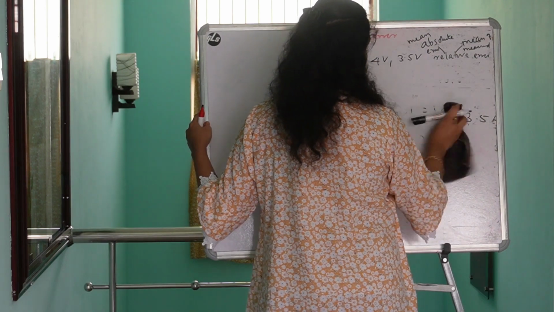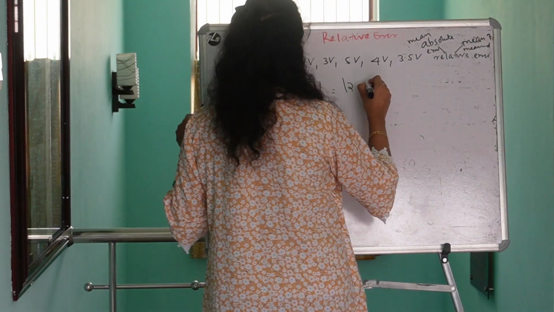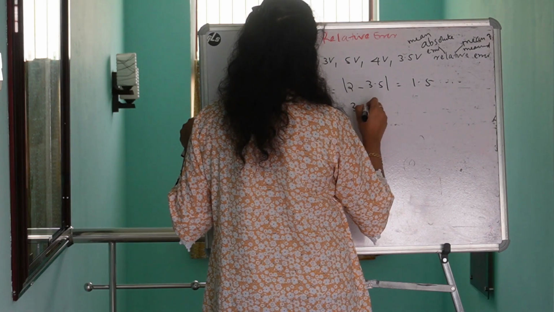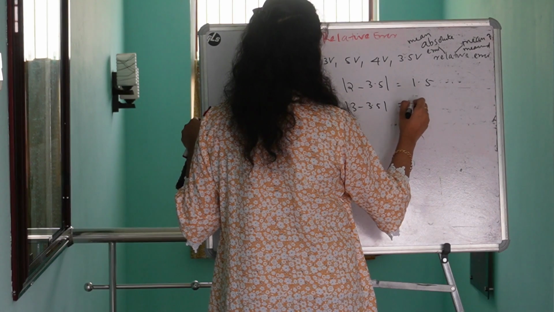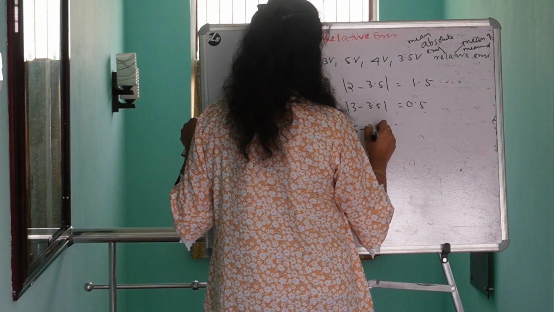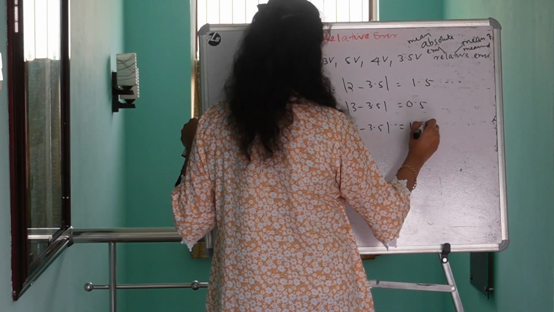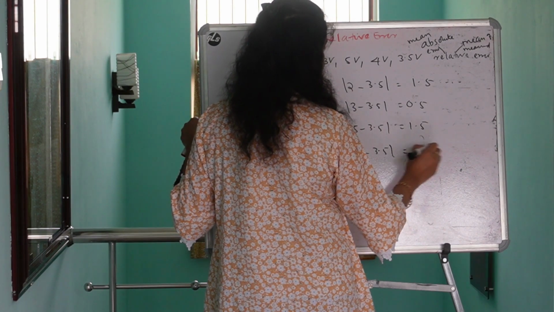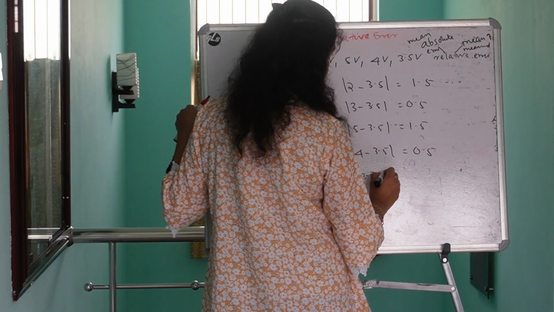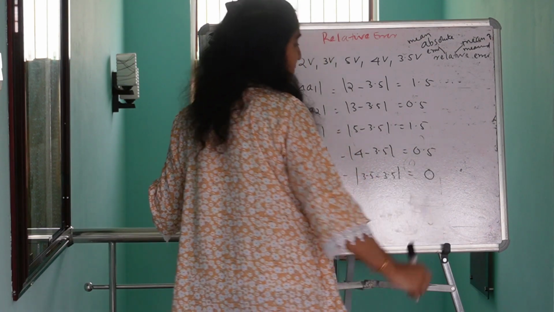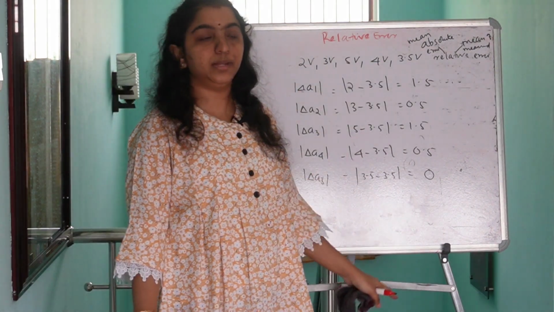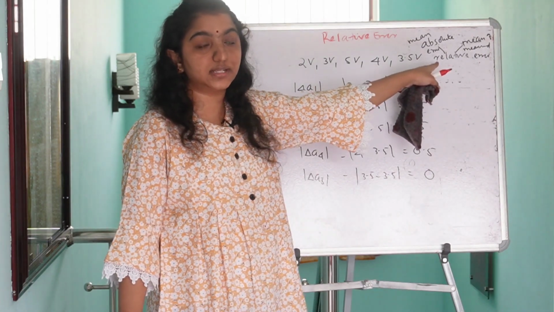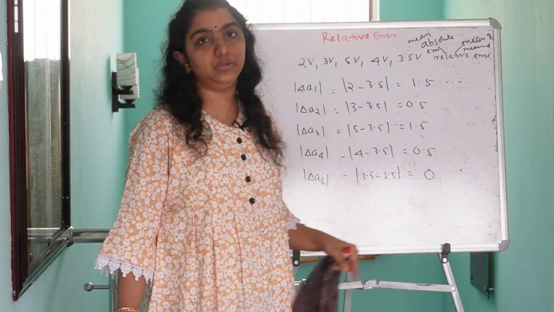So 2 minus 3.5, that is 1.5. 3 minus 3.5, that is equal to 0.5. 5 minus 3.5, that is equal to 1.5. 4 minus 3.5, that is equal to 0.5, and 3.5 minus 3.5 is equal to 0. Here the measured value and mean value are one and the same, so in the case of the last measurement, the error value is 0.